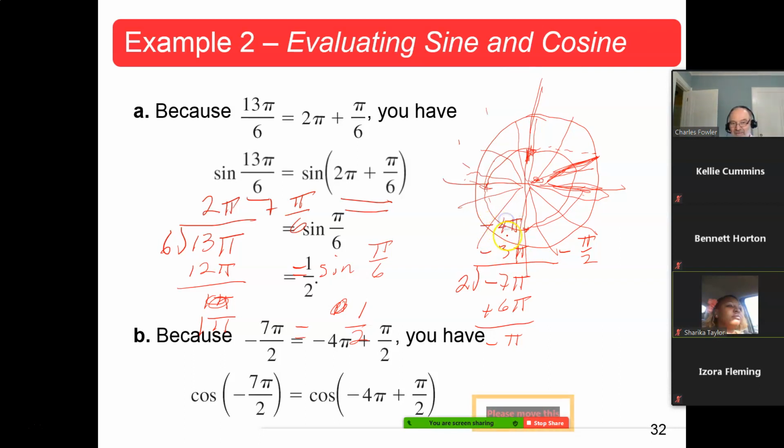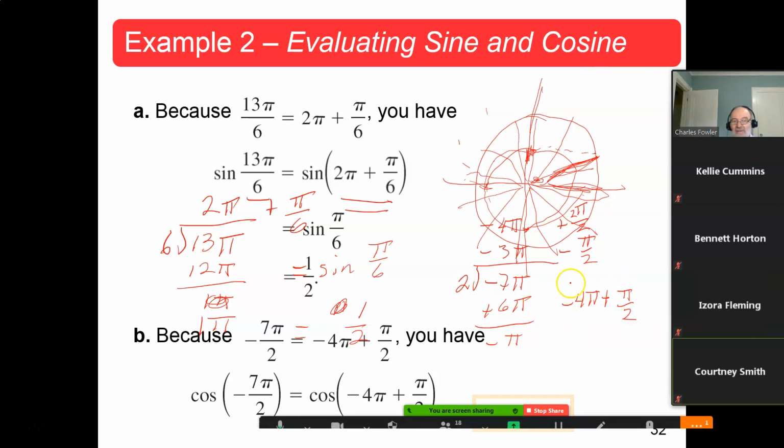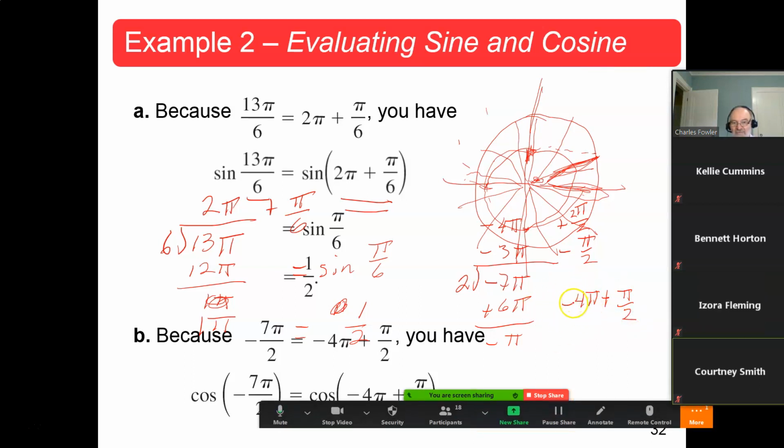But you can't just do that. You'd have to add another pi here. Well, another pi here would be 2/2 pi. That's 1 pi. So this would be minus 4 pi plus 2/2 pi plus minus 1/2 pi plus pi halves, because you wanted to get an even number of pi's.